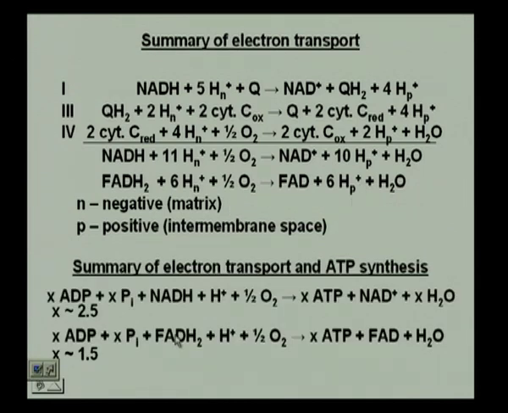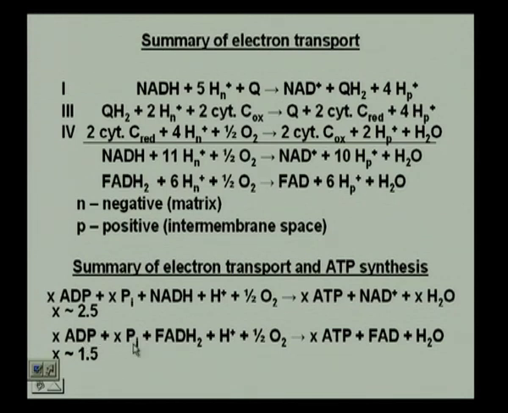Now, if we consider the summary of the electron transport and ATP synthesis, we have X ADP plus X Pi with NADH plus H plus give you X number of ATP. In terms of NADH and NAD plus, in this system, for every NADH you get 2.5 moles of ATP.